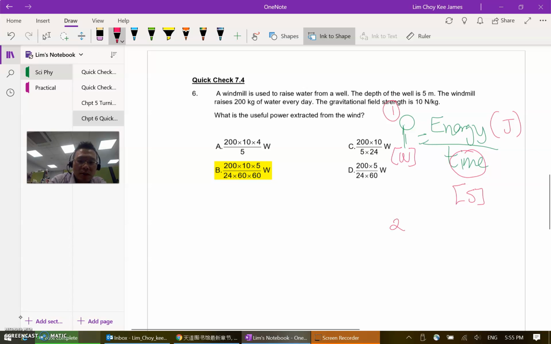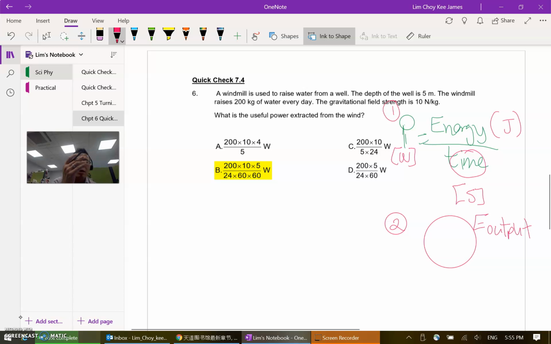The second thing that students need to be careful about, like I mentioned in my video also, is the concept of useful power and energy loss. Quite commonly we have a portion of the energy. This is the energy that is given. It can usually be the energy output, the final form of energy.